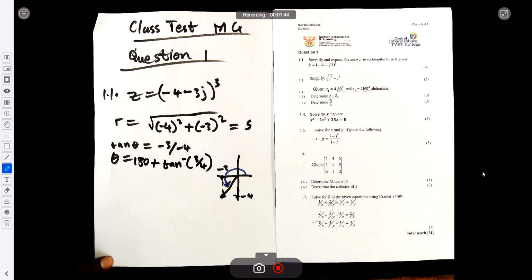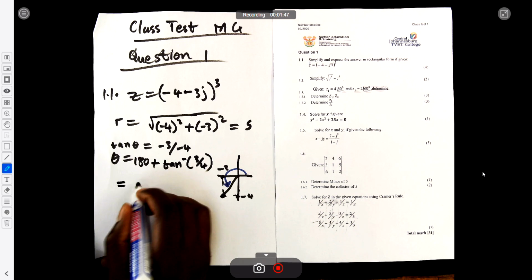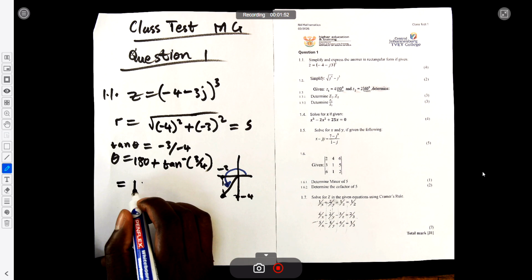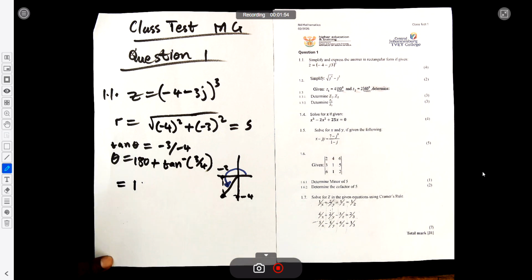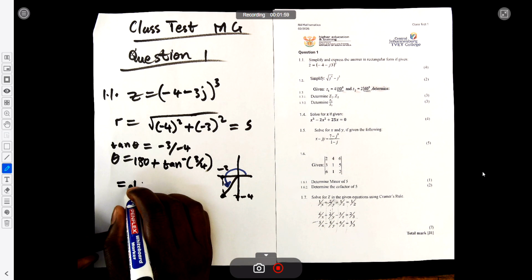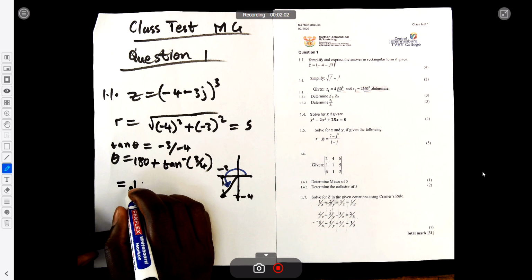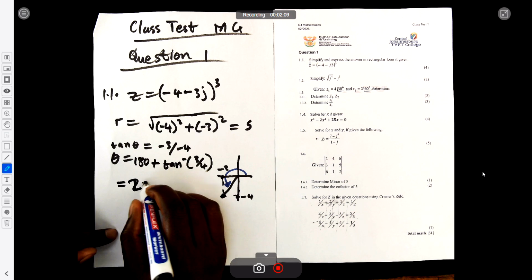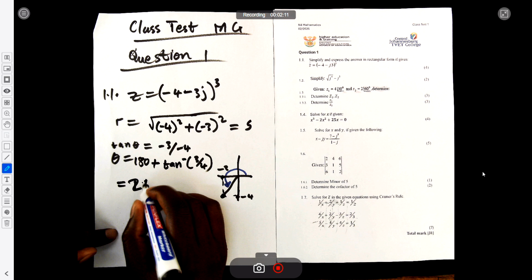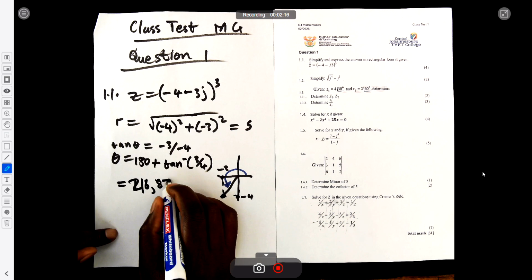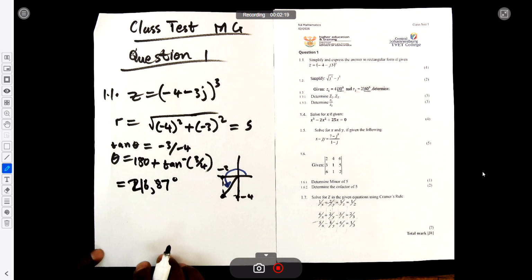So 180 plus arctan 3 over 4 gives us 216.87 degrees.